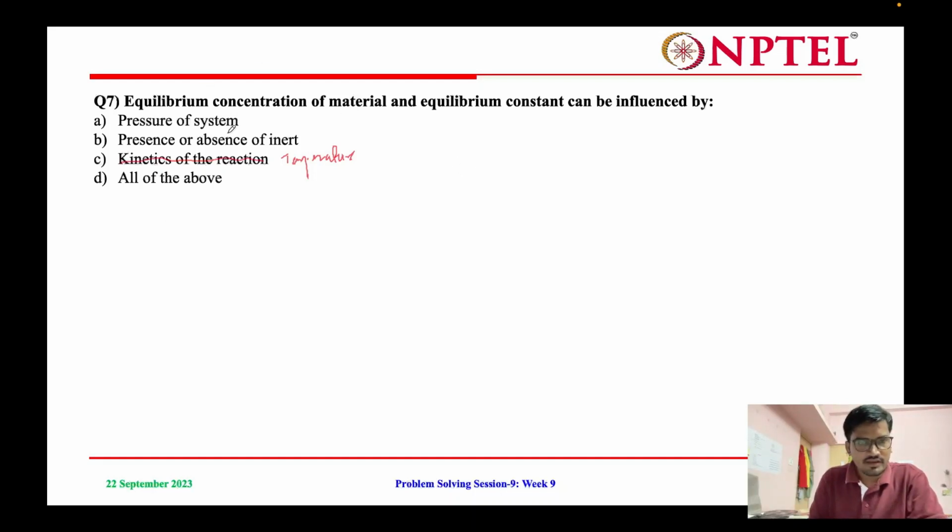But here it is mentioned equilibrium concentration. So the option is correct: kinetics of the reaction.